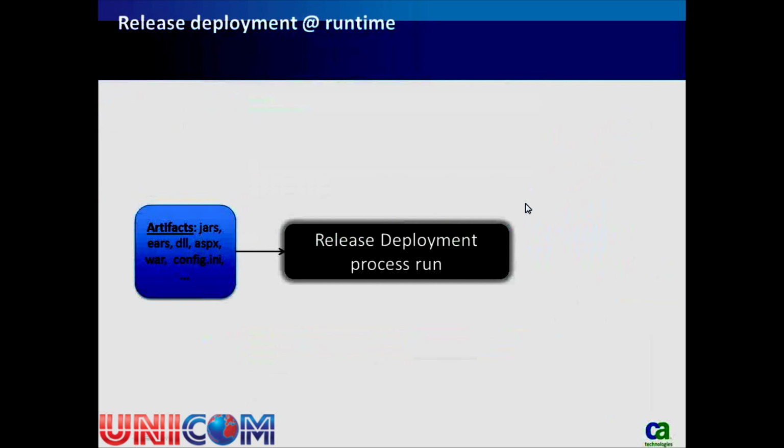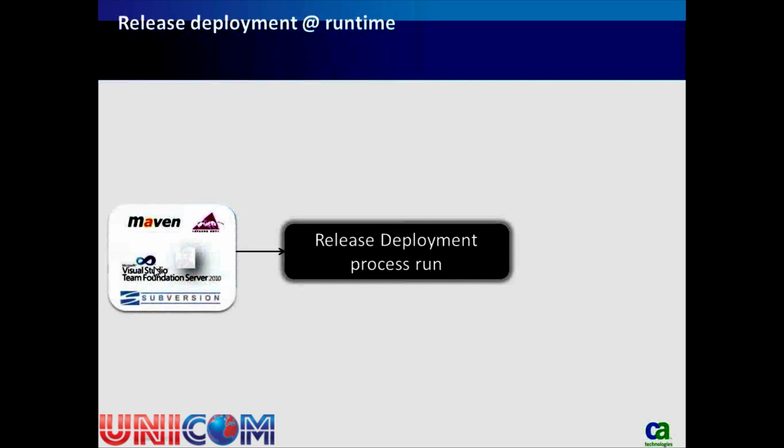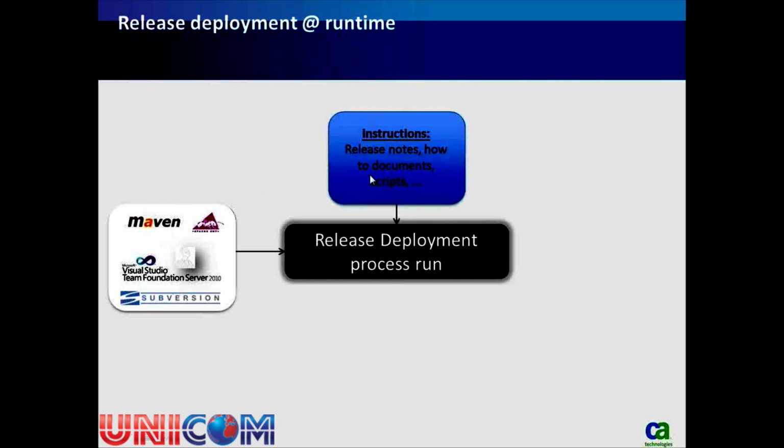So what does this actually mean, or how can we bring this all together? If we look at a particular release deployment, first and foremost, we need to collect the relevant artifacts that the release consists of. As said, we can get that from all kinds of repositories or directly from the build tools. Of course, we need the instructions. There is no magic here.